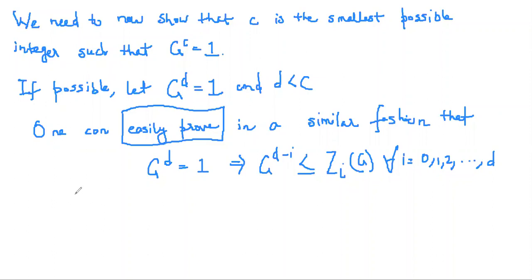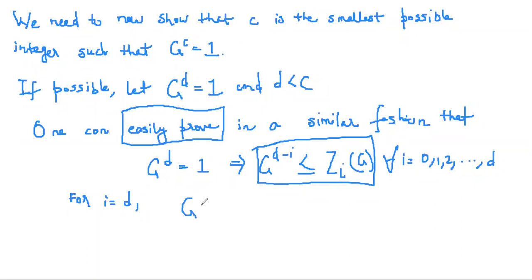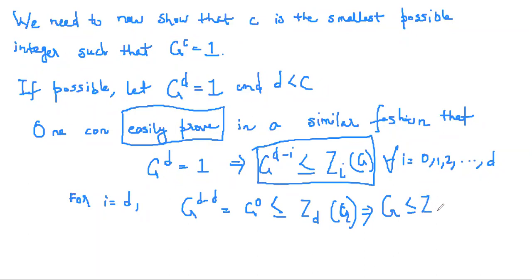For i equal to D, we get G^{D-D}, which is G^0, is a subset of Z_D(G). Now what is G^0? G^0 is by definition G. So I'm saying Z_D is a subset of G. So this implies Z_D(G) has to be G.